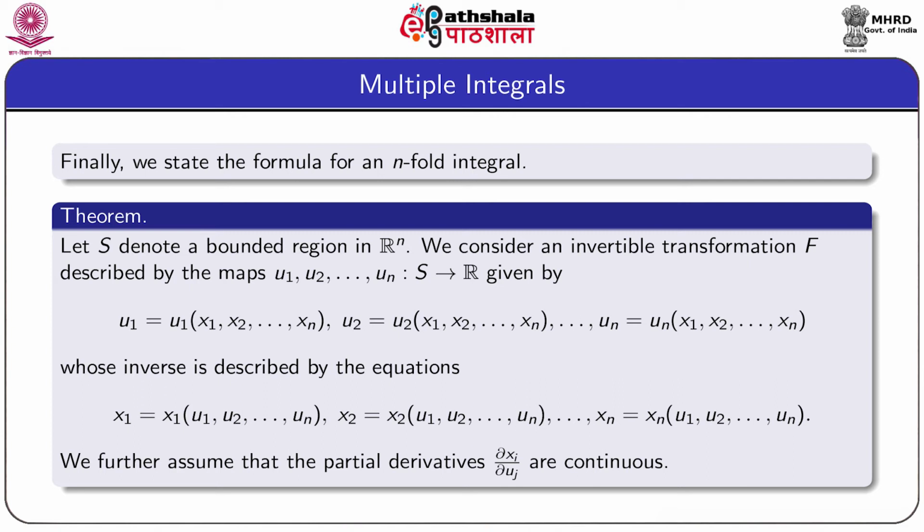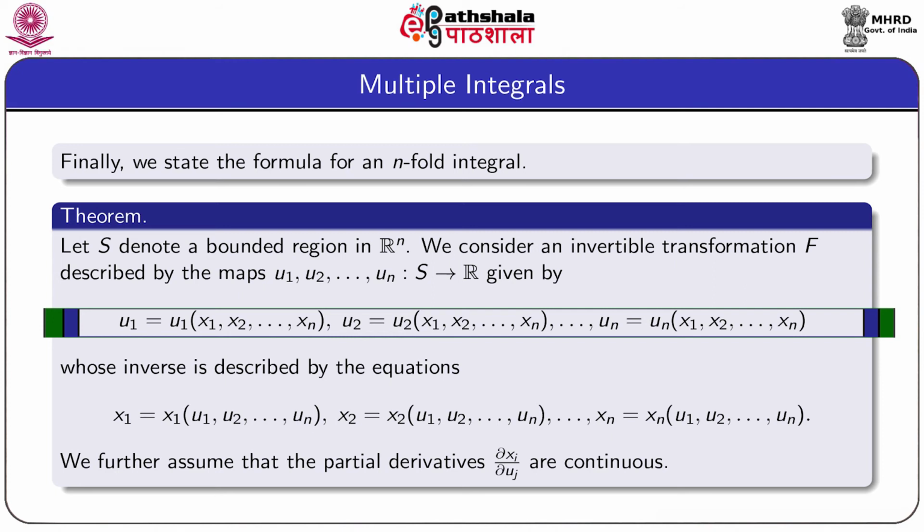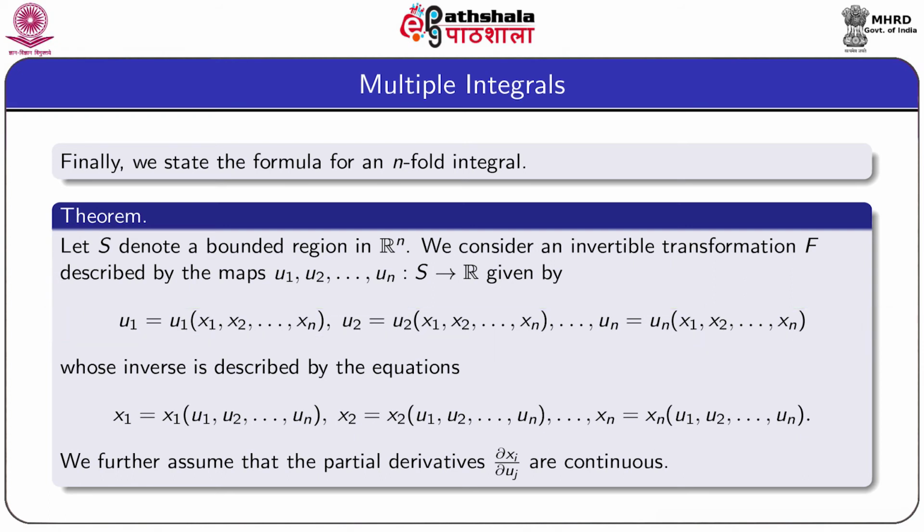Finally, we state the formula for an n-fold integral. Theorem: let S denote a bounded region in Rn. We consider an invertible transformation capital F described by the maps u1, u2, ..., un from S to Rn given by u1 equal to u1(x1, x2, ..., xn), u2 equal to u2(x1, x2, ..., xn), and similarly going up to un, whose inverse map is described by the equations x1 equal to x1(u1, u2, ..., un) and so on.